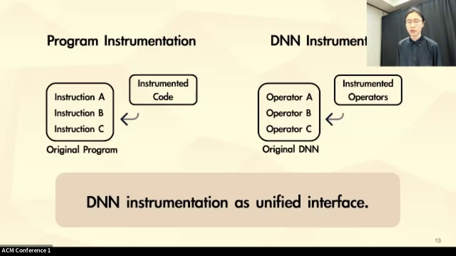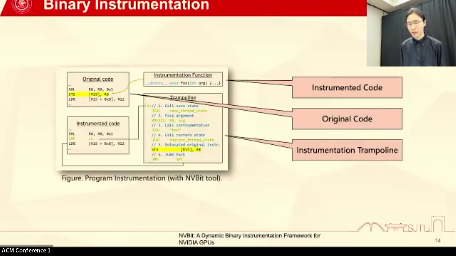Okay, the DNN instrumentation. The program instrumentation idea is well known to all of us. It's just to instrument some extra code to an existing program, and in the DNN scenario, it's like we have a DNN model here, and we instrument some extra operators to the DNN model. This can be utilized as a unified interface. And this is an example for the binary instrumentation.